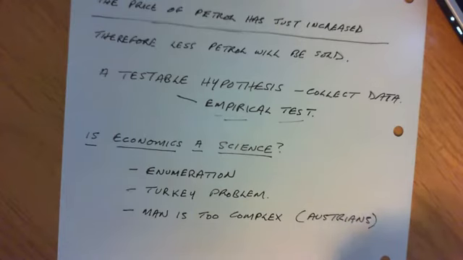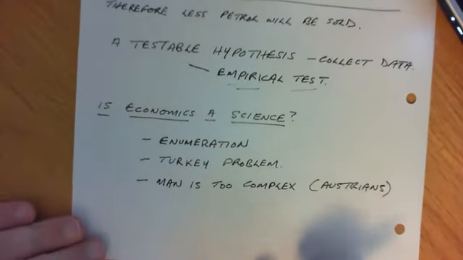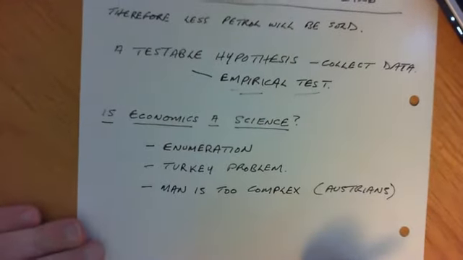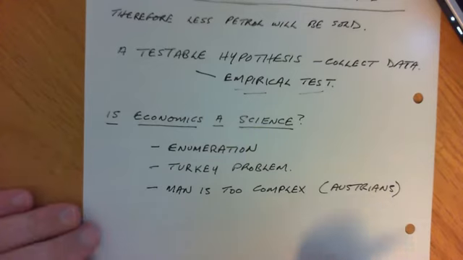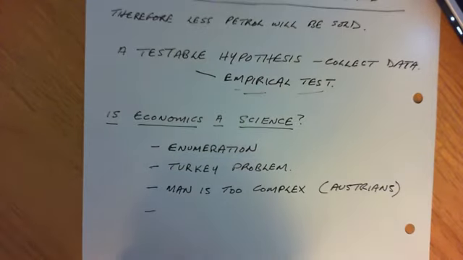We're not machines. We're not computers. We don't calculate. We don't do things like this. We are humans, and that makes us different. So, is economics a science, given we're dealing with something as complex as man? Yeah, that's an issue worth considering.